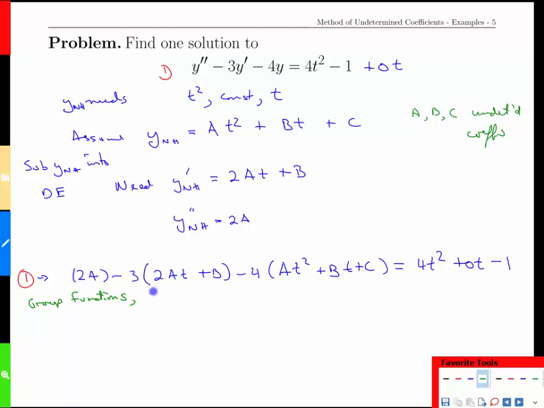Our next step is to group the functions. In this case here, it's the t squared, the t, and the constants. Those are 3 linearly independent functions. Constant doesn't seem like a function, but it is. It's just a really dull, unchanging one.